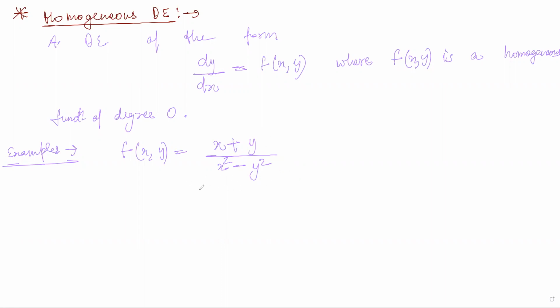But in this case, tell me whether this will make a homogeneous differential equation or not. If I write an expression like x plus y upon x square minus y square is equal to dy by dx, is this a homogeneous differential equation?